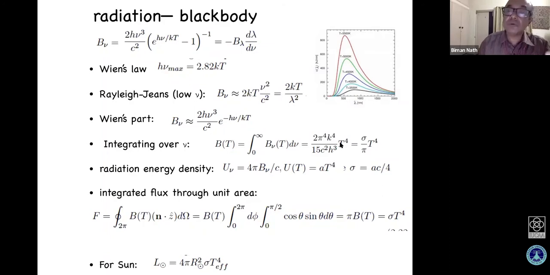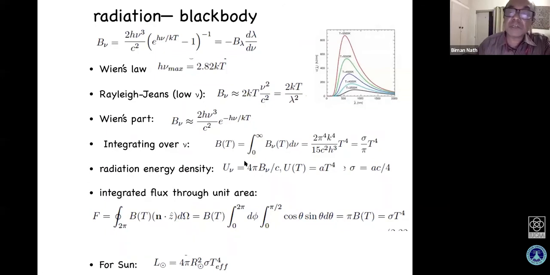All these constants are then collected. So this is sigma. Sigma is the Stefan-Boltzmann constant, sigma by pi, and T to the power 4. Then remember, we had defined, this is just the specific intensity, as I have been telling you. The B is nothing but the specific intensity, but for the case of a black body in particular.